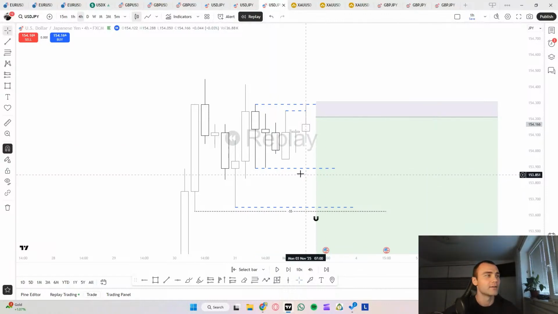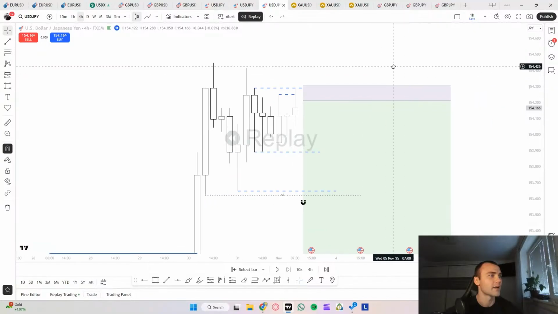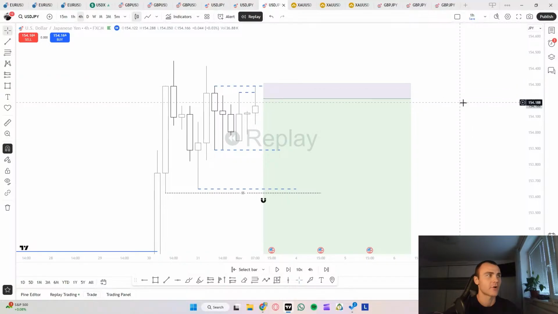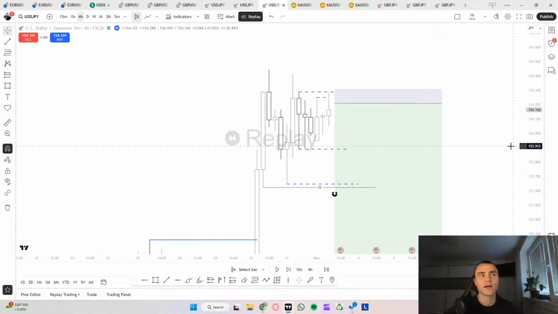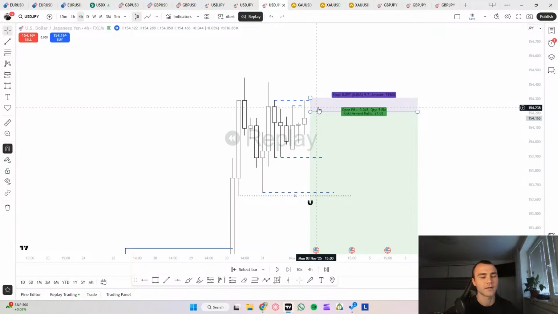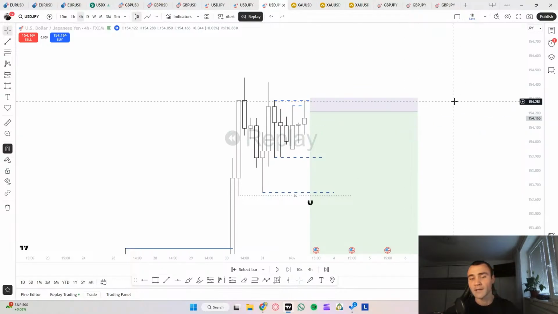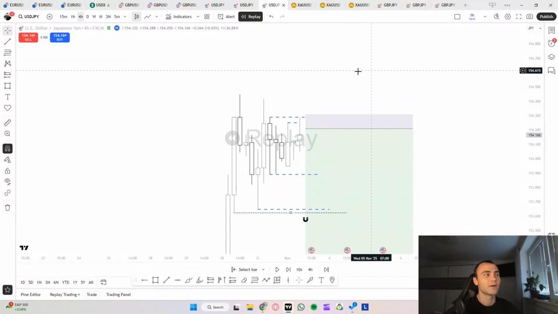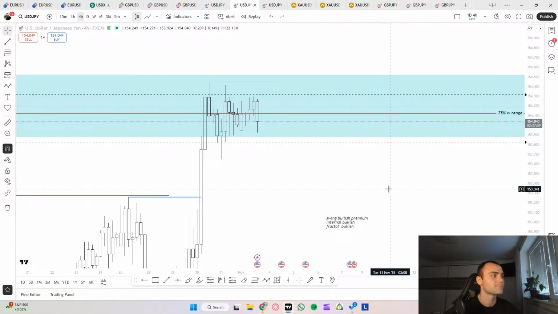The idea is that I don't want to look at bullish ranges. I want to see shorts. I'm looking for shorts now, right? And what I've done is basically try to predict when the price is going to turn around before it turns around. This is pretty difficult to do, right?